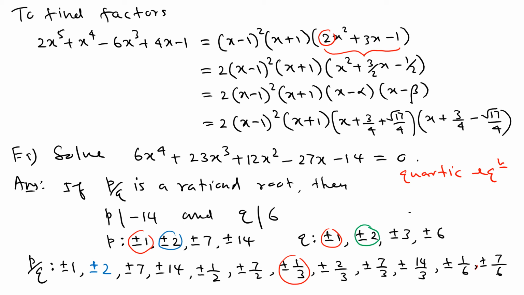Now the question is, which one are we going to try? We're going to try only the easy ones. So we can always try this, we can try that, and maybe this, because this is an order 4 polynomial. That means if you are lucky enough and find 2, that will be enough, because after that you can divide and then you get a quadratic and you can solve.